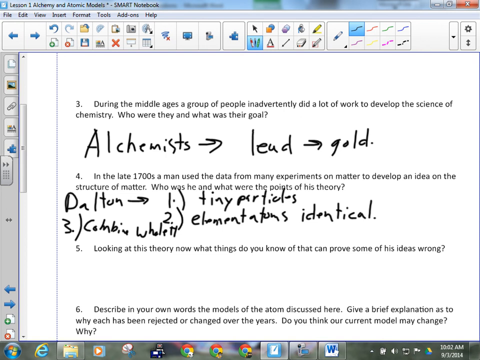That's the big thing. Combine in whole numbers, okay, to make compounds. Okay, and the fourth point talks about kind of how that happens. They can be separated, joined, or rearranged, but they cannot turn into something else. Okay, you cannot turn carbon into oxygen, right? You cannot turn lead into gold, things like that.